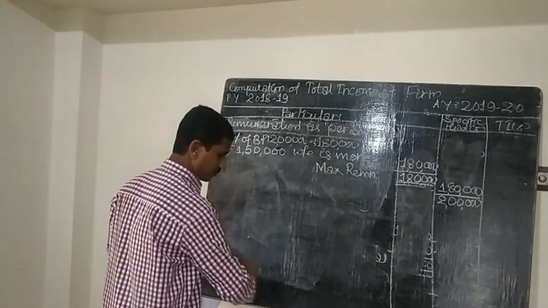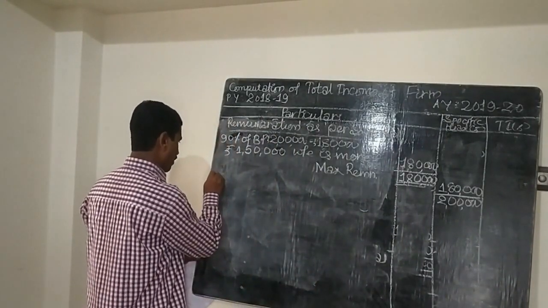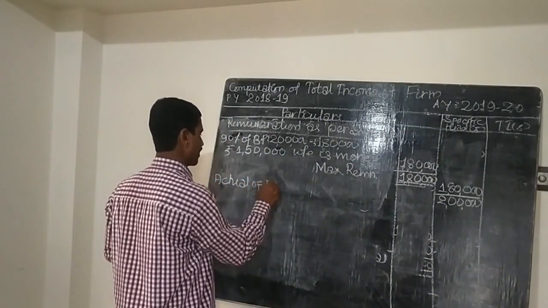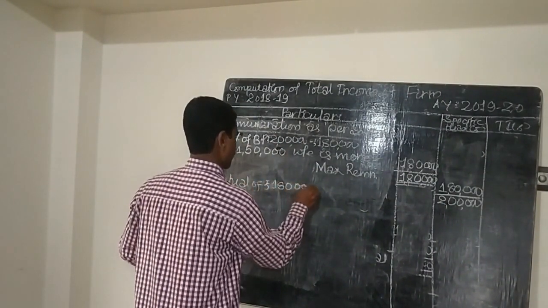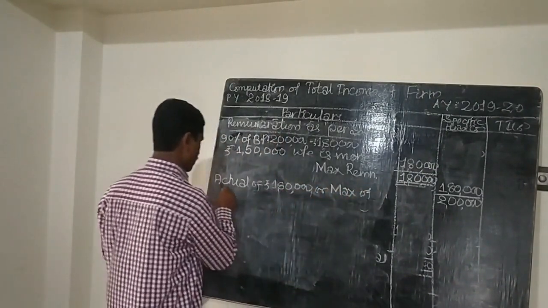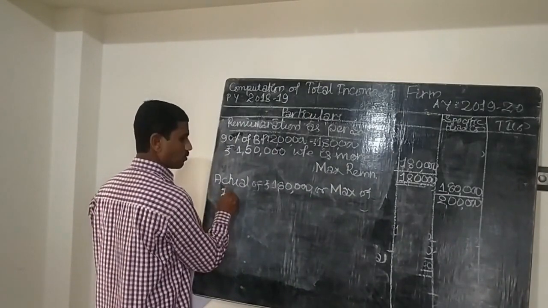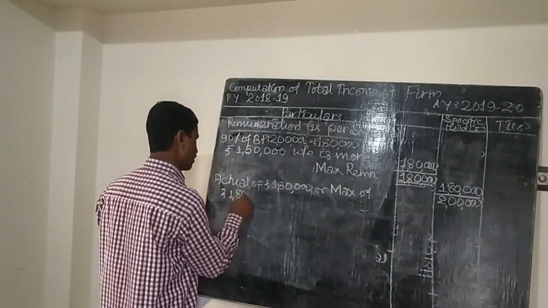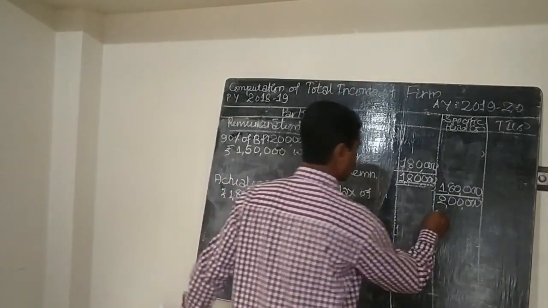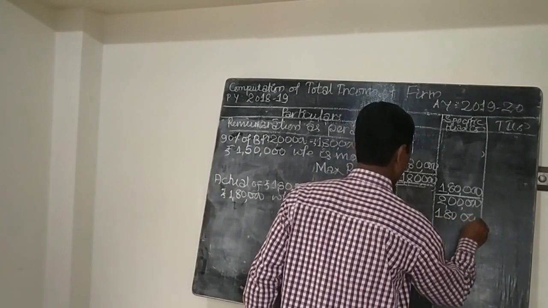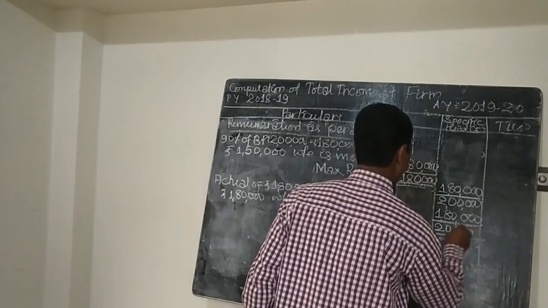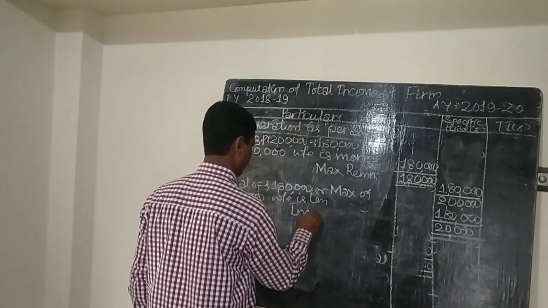So now, actual of rupees 1,80,000 or maximum of rupees 1,80,000, whichever is less. So 1,80,000. So we are going to arrive at 20,000 as the income from business.